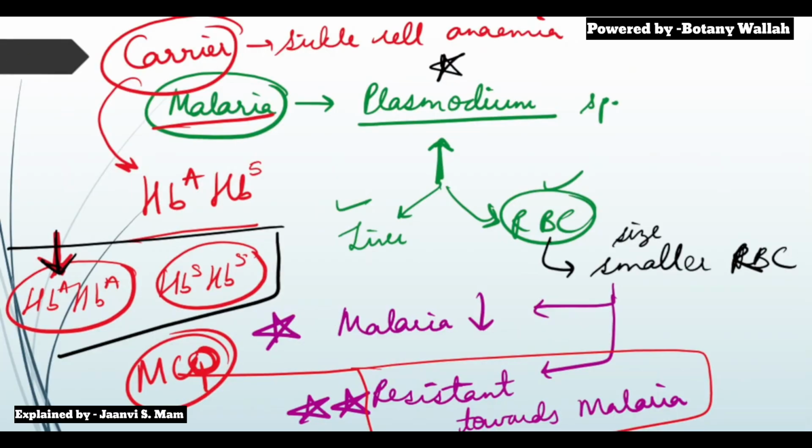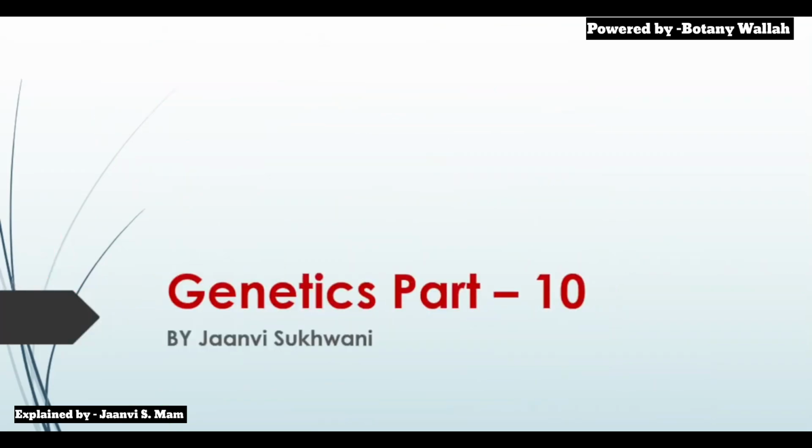You should know that all the things which I told are important MCQs. You should know that Plasmodium goes to the liver and to RBC. So this is about today's class, lecture number 10. In the upcoming lecture we will take chromosomes as a topic, and I will elaborate on chromosomes.